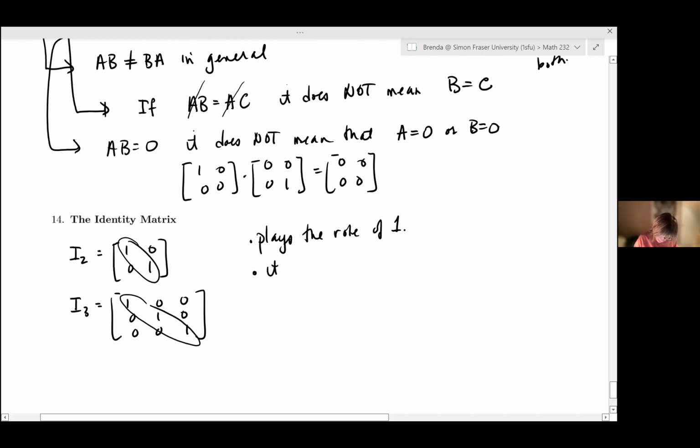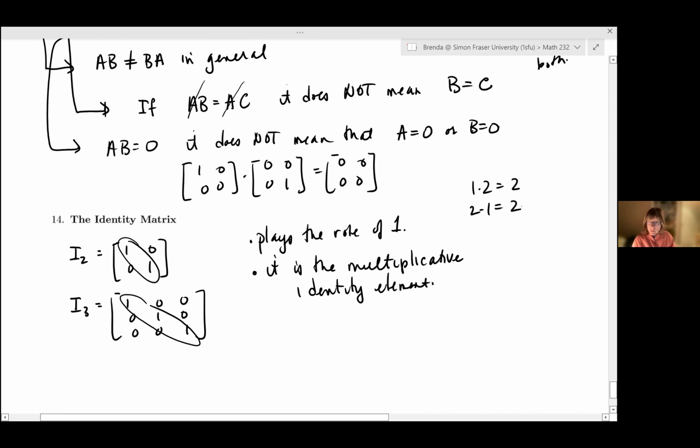Okay, it is the multiplicative identity element. In the same way that 1 works, like if we go 1 times 2, we get 2. If we say 2 times 1, we get 2. When we multiply by this multiplicative identity element, nothing happens.